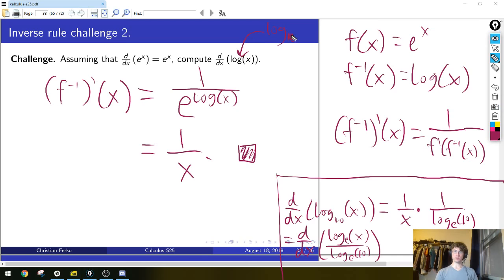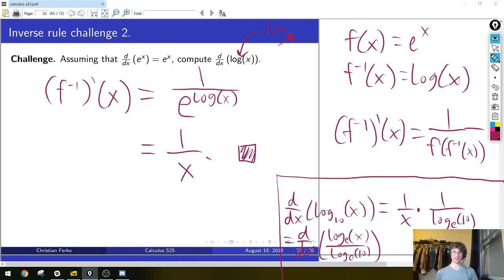You should have defined your log to be base e. Because if you do that, then the derivative is just 1 over x with no stupid factor. Anyway, that's my rant. So that's why all logs should be base e by decree, because the derivative is very pretty.